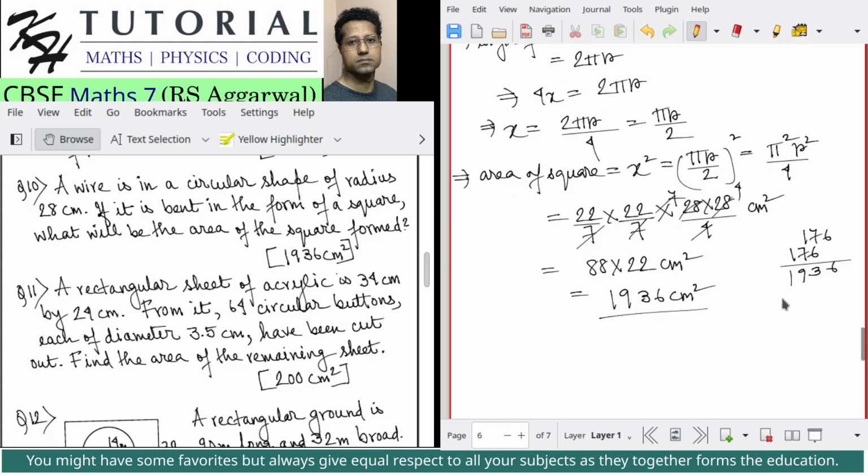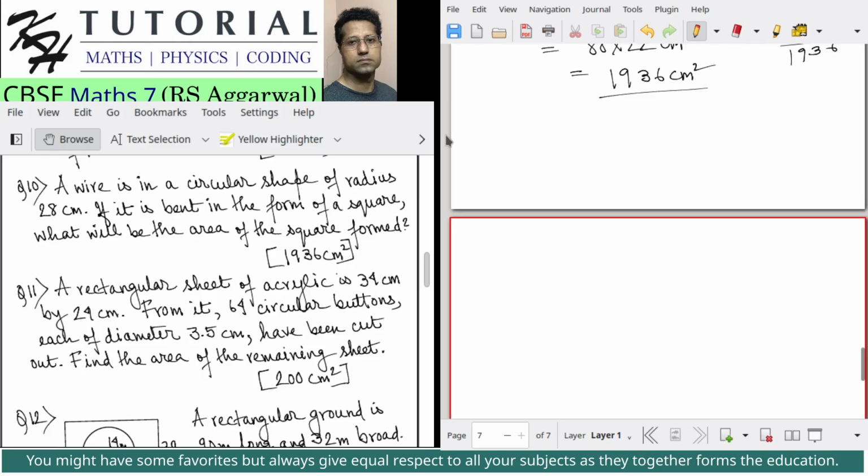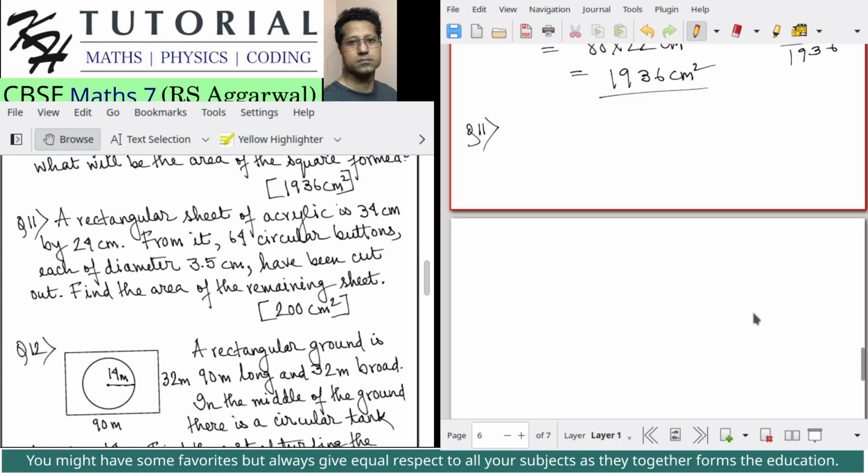Okay, let's do the next problem. Question number 11. A rectangular sheet of acrylic is 34 centimeter by 24 centimeter. From it, 64 circular buttons, each of diameter 3.5 centimeter, have been cut out.